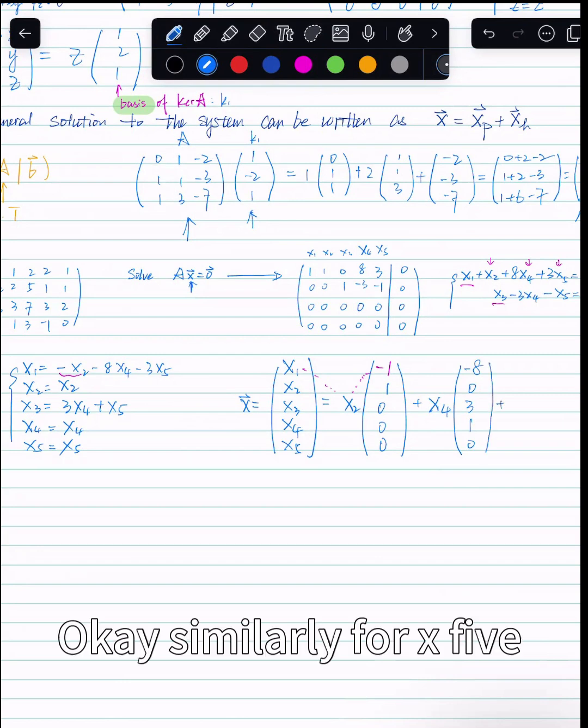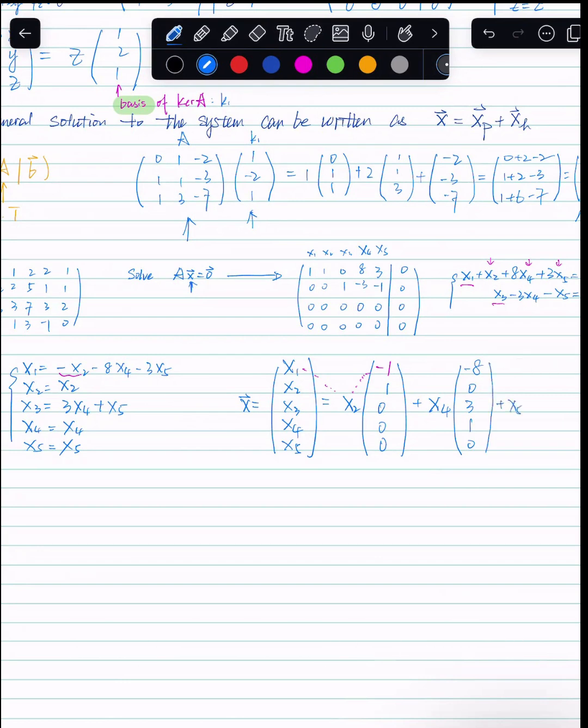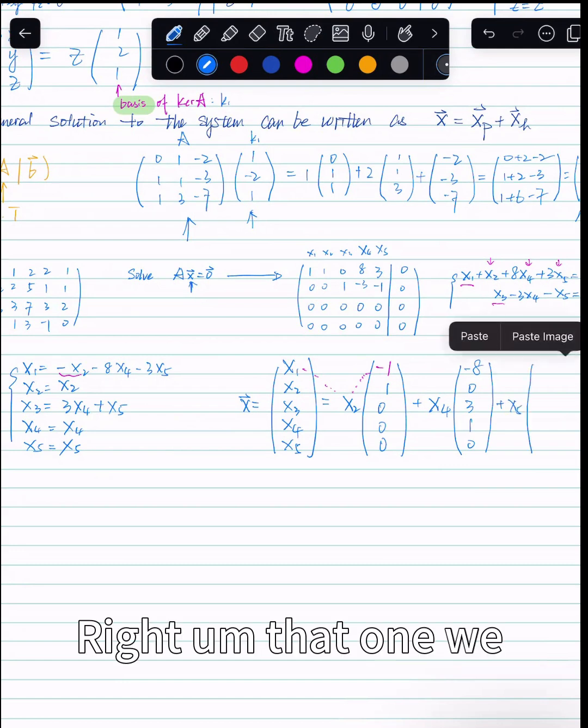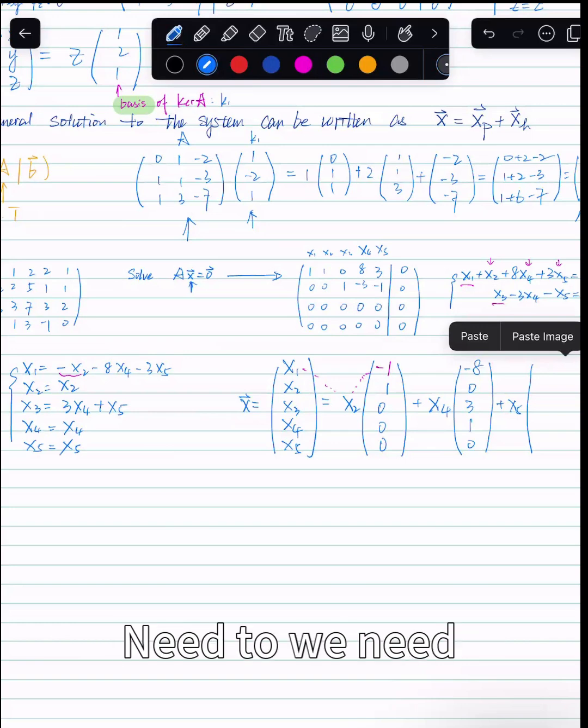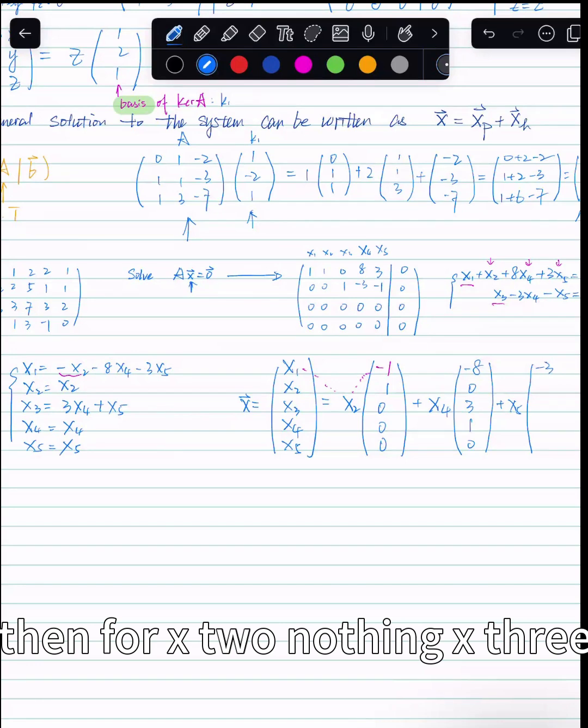Similarly for x5, we multiply by a negative 3 for x1, and then for x2, nothing, x3, a 1, x4, nothing, x5, a 1.